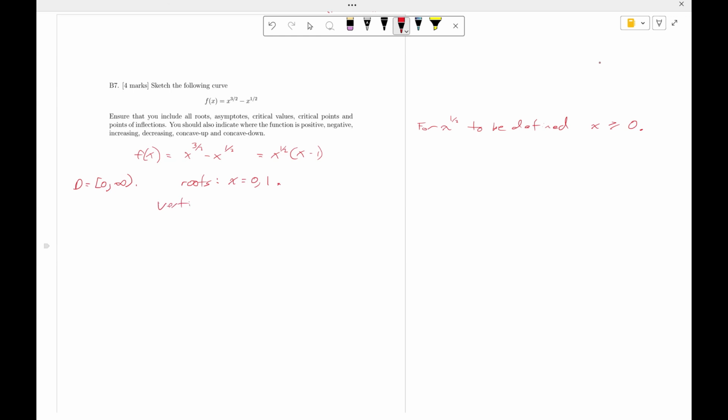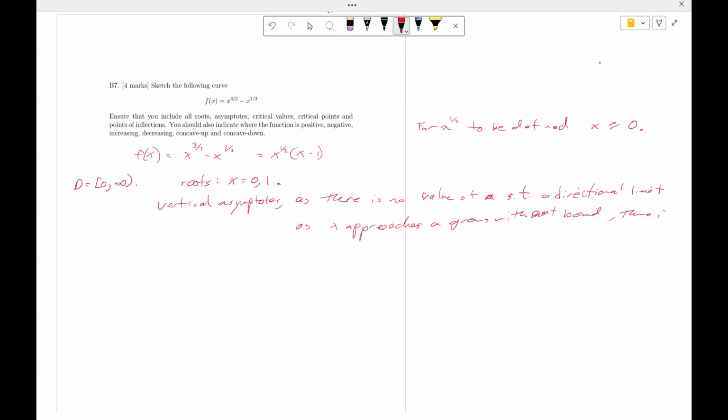Vertical asymptotes: as there is no value of a such that a directional limit as x approaches a grows without bound, there is no vertical asymptote.